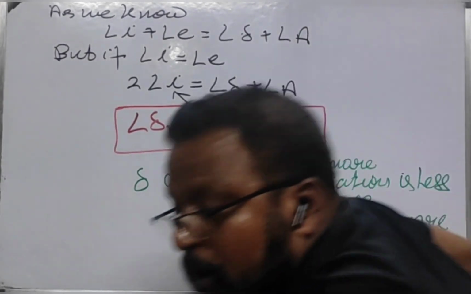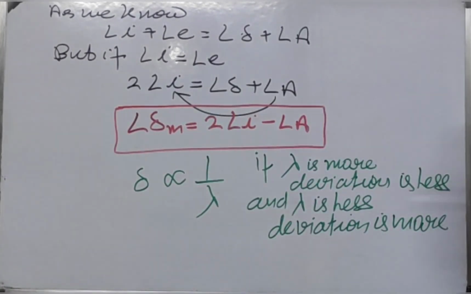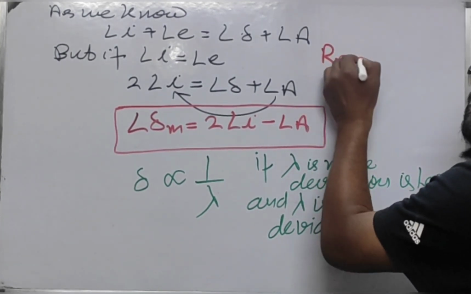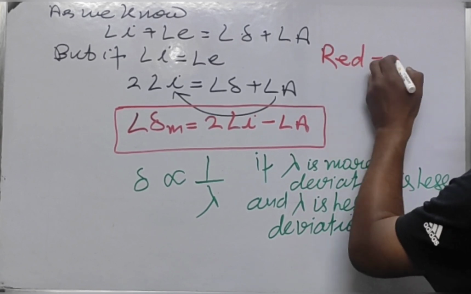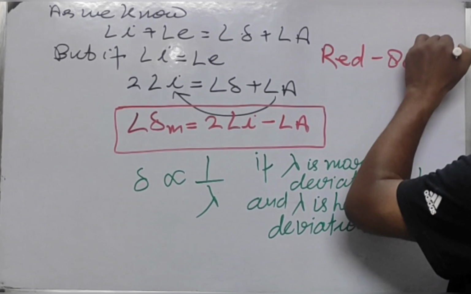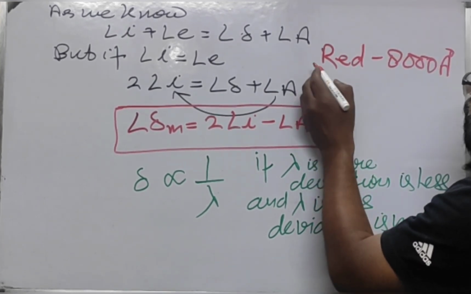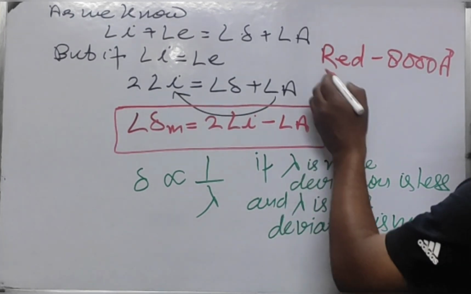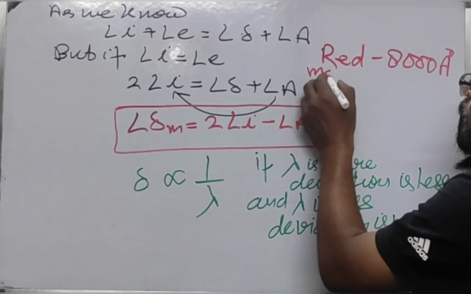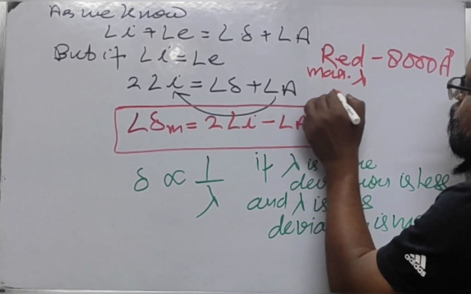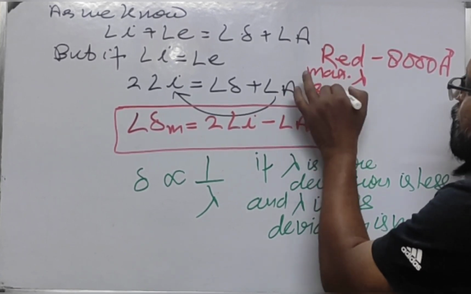I hope you heard that red color has a wavelength of approximately 8000 angstrom. So maximum wavelength, minimum deviation.